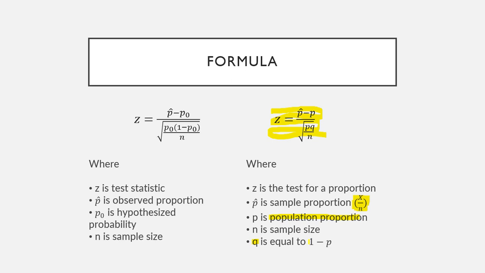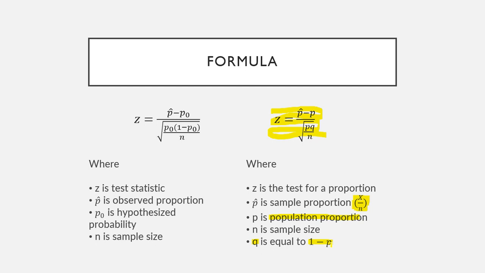Pero yung formula po natin dito is 1 minus P. Ibig sabihin nun, yung 1 po isusubtract lang natin doon sa population proportion po natin. And then divided lang po sa letter N, which is the sample size.